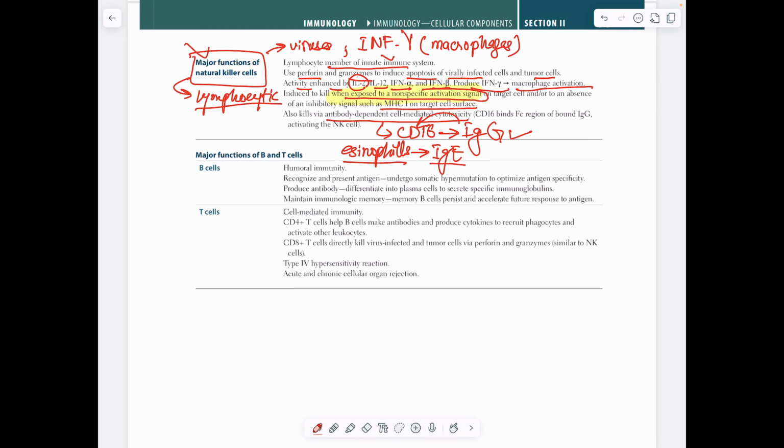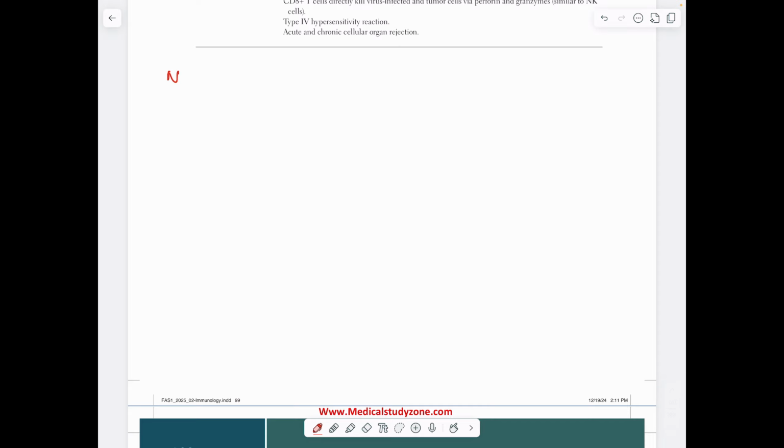And natural killer cells also have some markers that enhance the function. And thirdly, there is one more marker present in natural killer cells, that is CD56. CD56 is also called NCAM.